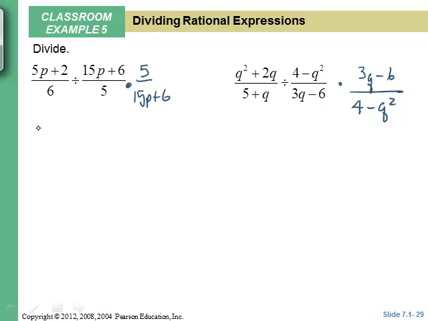Nothing we can factor out of the first one. The only thing that we can factor is this part right here. We can factor a 3 out front, and we're left with 5p plus 2. So this cancels against this.